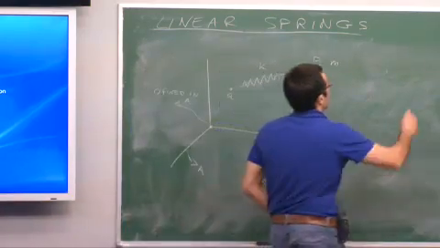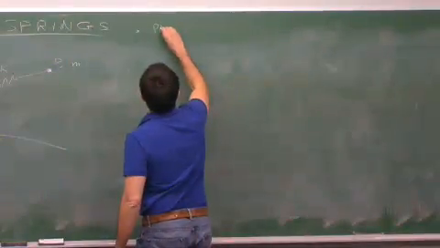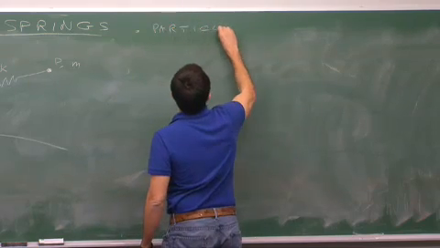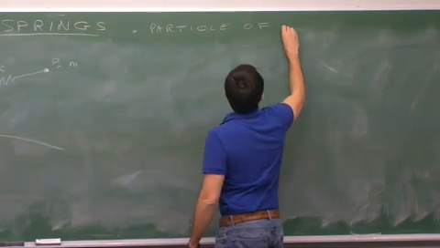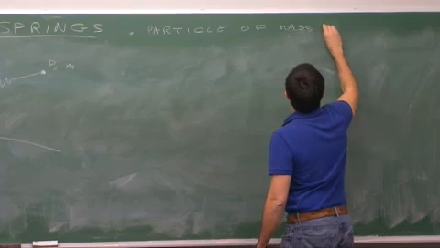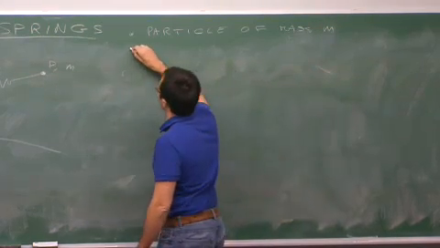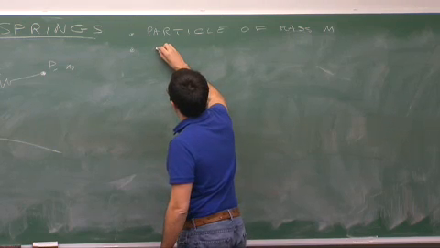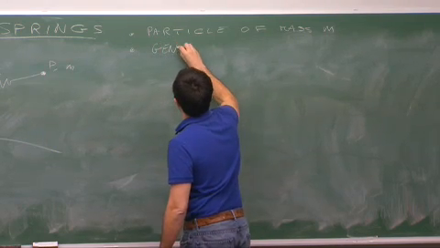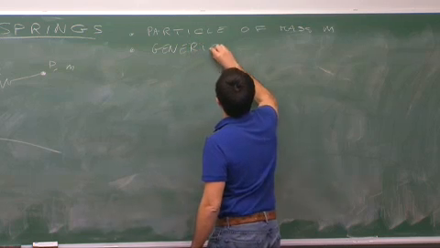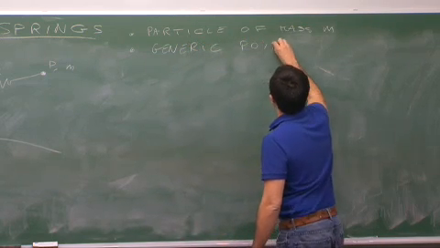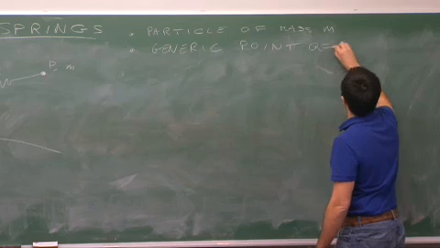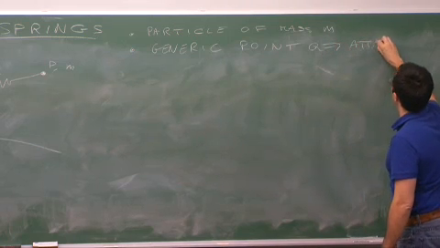So these are the ingredients: a particle of mass m. Of course, there must be a mass, otherwise there's no kinetics. And then we have a generic point q, which I'm going to call the attachment point.